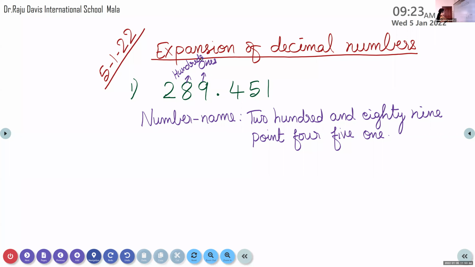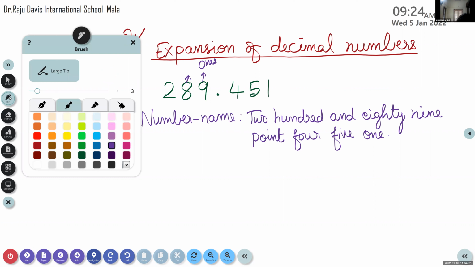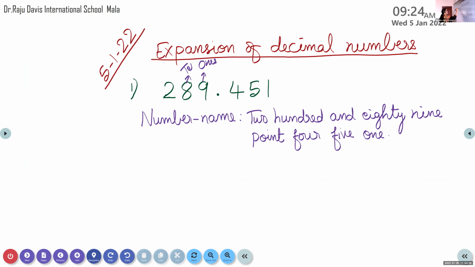So it's ones, tens, hundreds. Ones, then 8 is in the tens place, then 2 is in the hundreds place.